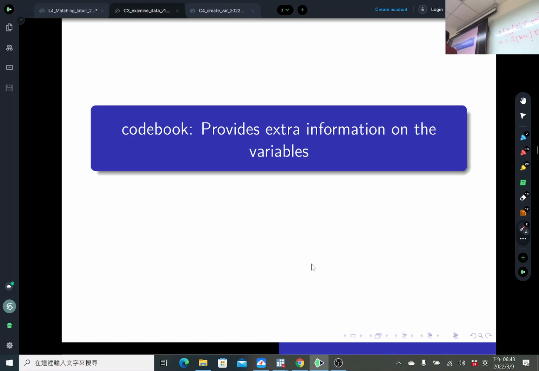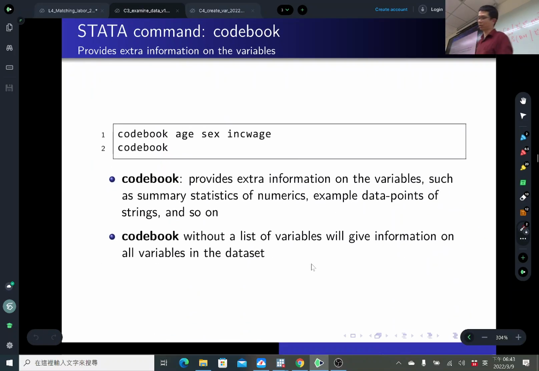Okay, another command called codebook. The codebook can give you some extra information on the variables. It's also very easy. You type codebook and type the variable you want to explore. If you want to explore all the variables in your data set, you don't need to type anything. It will show all the variables.